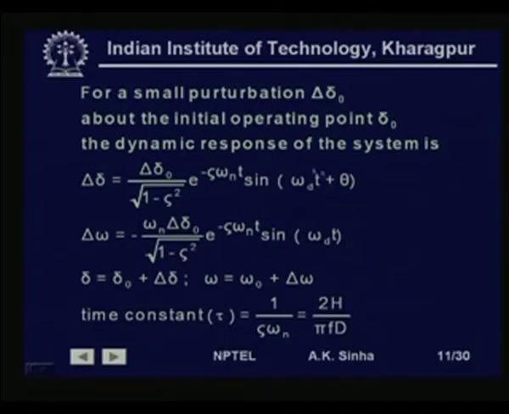The solution for the linear dynamic equation that we had can be written in this form, that is, delta at any time t, the change in the angle from delta 0, is equal to delta 0 divided by root over 1 minus zeta square e to the power minus zeta omega n t into sine omega d into t plus theta.